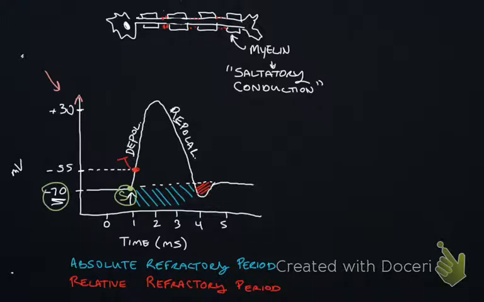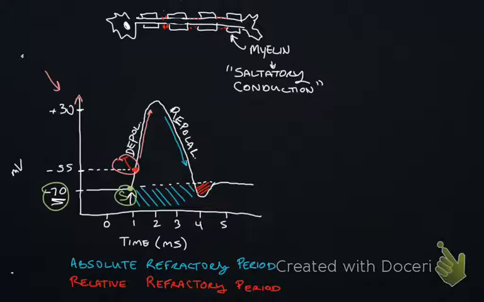And then we have threshold at negative 55. And as we climb more positive, we term that depolarization. And then when we move back down negative, that is repolarization.